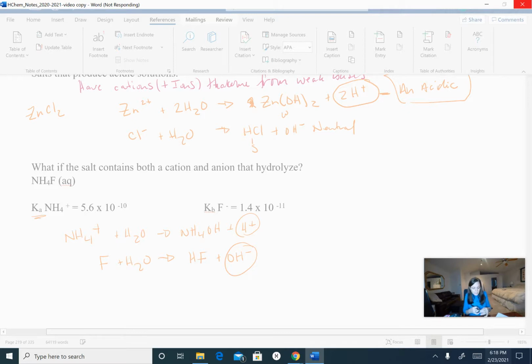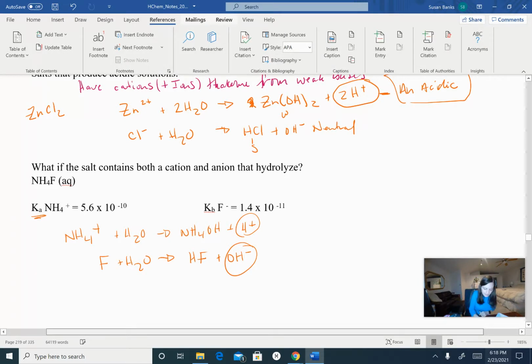So the one with the larger number is the dissociation constant for the acid, for the ammonium. So we know that that one's actually going to overpower. Because the Ka is bigger than the Kb, this is going to end up being an acidic solution. So we're going to say that would be acidic.